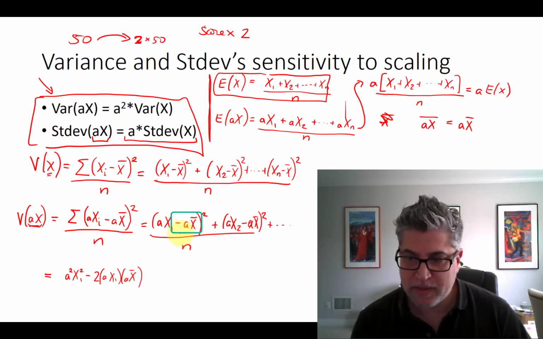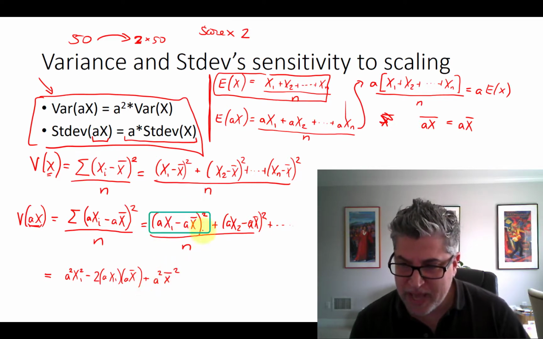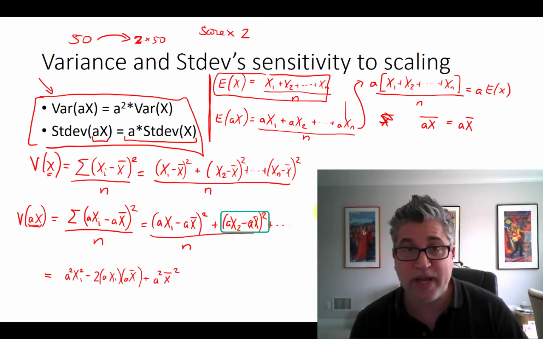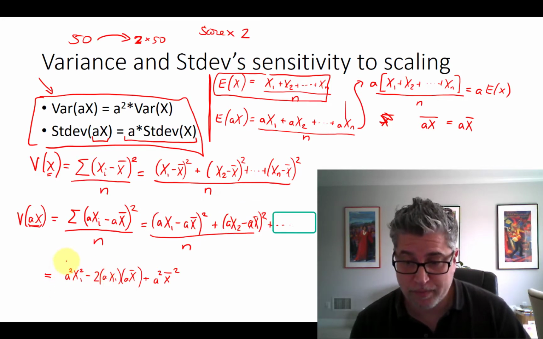And then the last term squared. This is just A1. We've got to do that for A2 and A3 and all the way through.